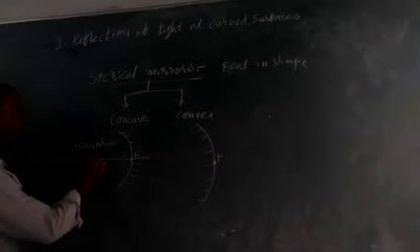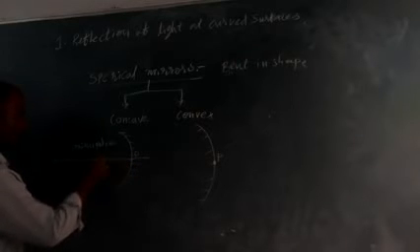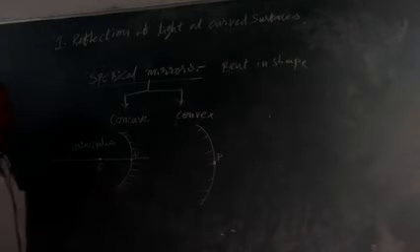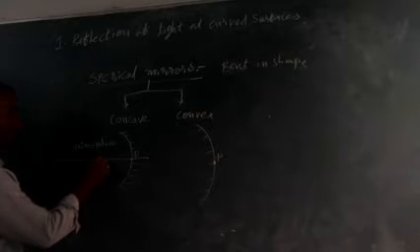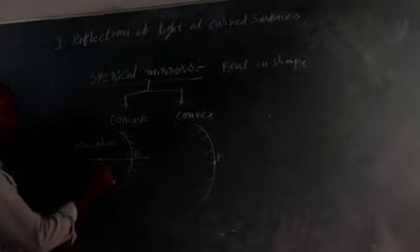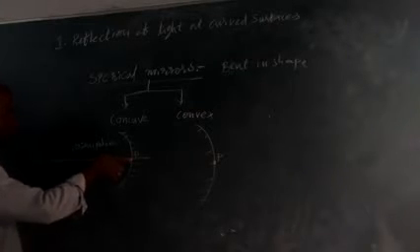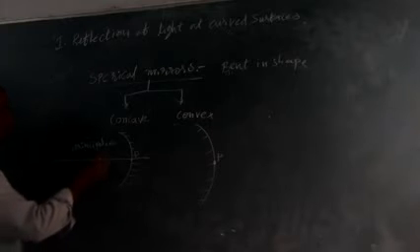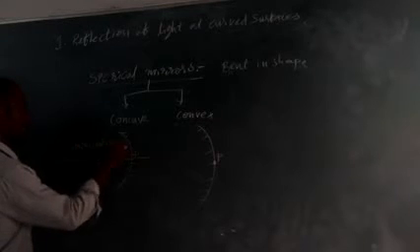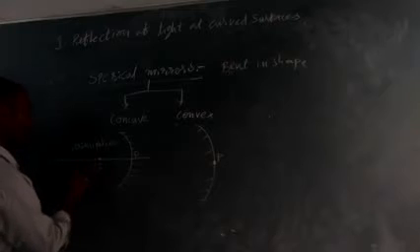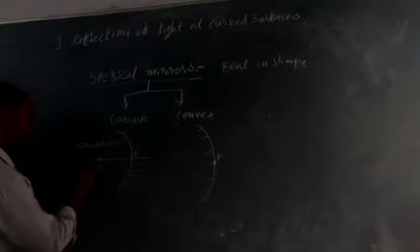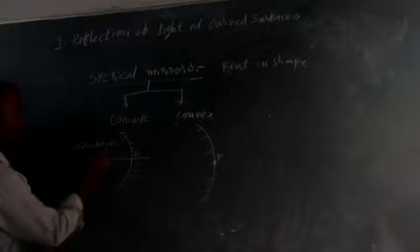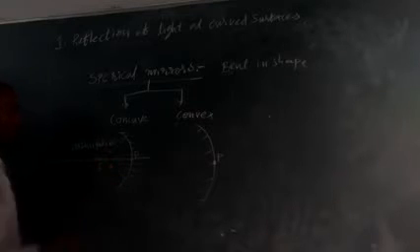On this principal axis, a particular point is there, called the focal point. It maintains some distance from the pole. All the incident rays, after reflection, pass through the focal point.